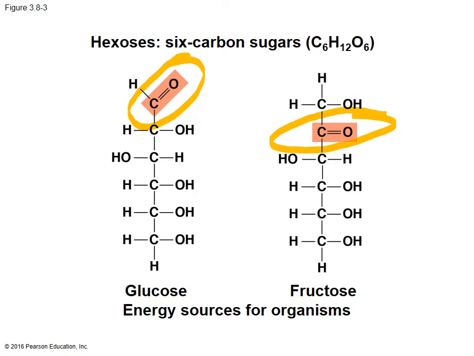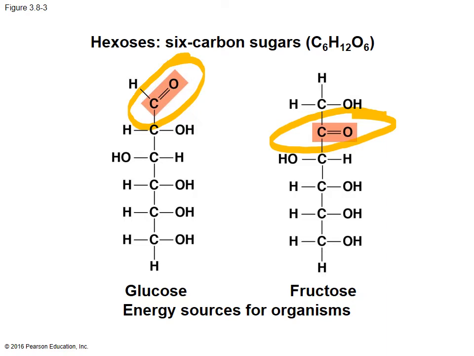So the key has to be able to fit in the middle. Key, ketone, get it? Hopefully. So there's one more of these that also has a C6H12O6 formula, and the name of that sugar is galactose. And we will look at it when we do the milk lab, which is coming up.